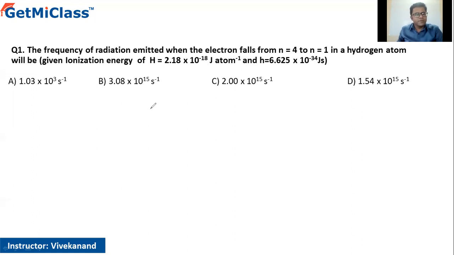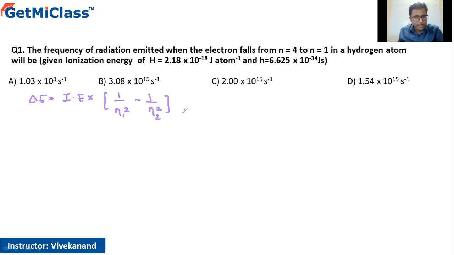Well, when we take this into consideration, let's start with a formula, that is the change in the energy. So change in the energy is equal to the ionization energy, into, now the transition over here is from 1 over n1 square minus 1 over n2 square.